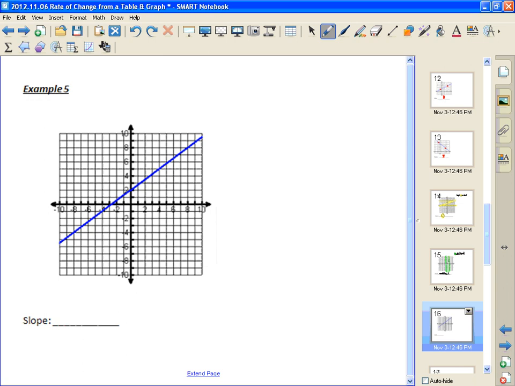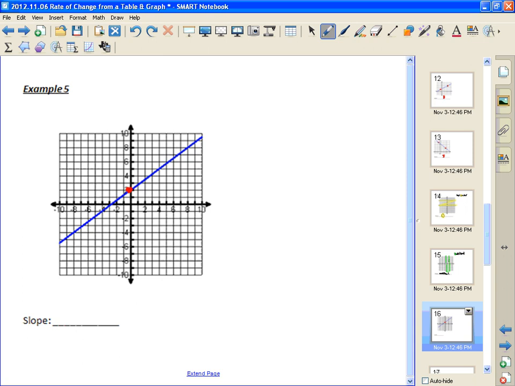Okay, so for example 5, we are going to pick a few points and see if we can figure out what the slope of that line is. A really good place to always start looking is to see if you can pick a point on the y-axis. There will usually, not always, but usually be a point on the y-axis that the line goes through. So right here I can see that this line goes through 2.